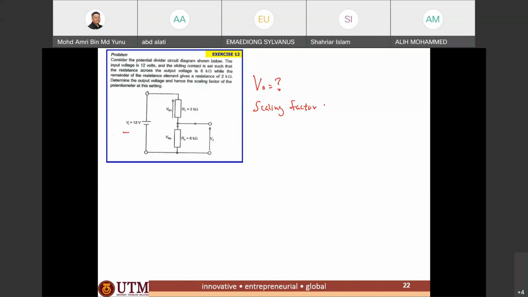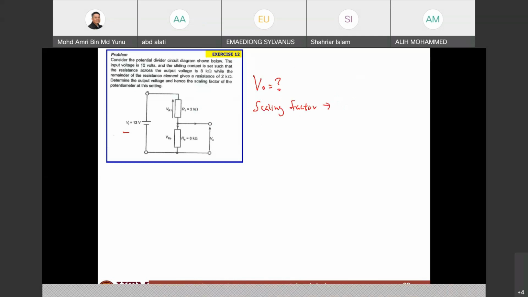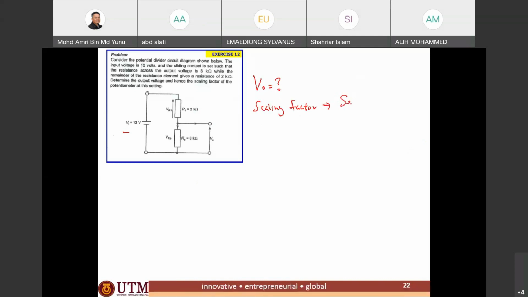Scaling factor is basically the sensitivity. Oh no, scaling factor is not the sensitivity, but the scaling factor is basically the output voltage divided by the input voltage.